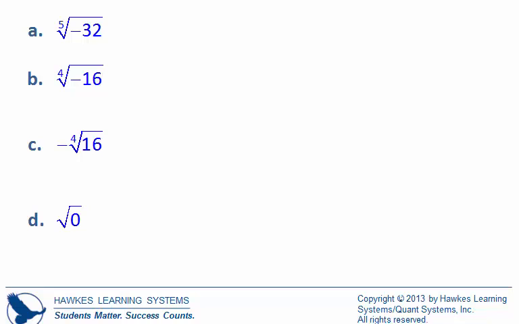This is asking us to find a number that when we multiply it by itself 5 times, we get negative 32. The correct answer will be negative 2. The reason why is because if I take negative 2 and multiply it times itself 5 times, these two multiplied together gives me positive 4.